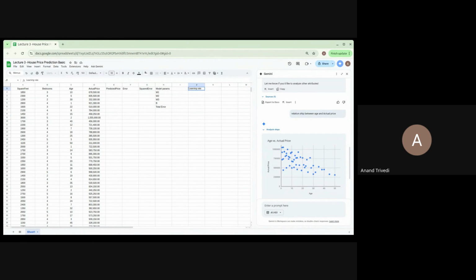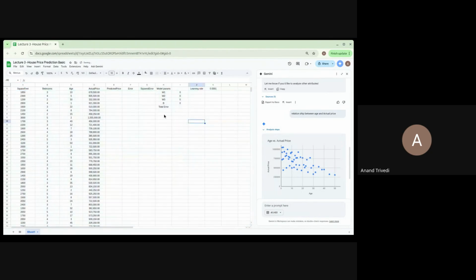I'll start with 0 for the weights, or you can start with any random number, and bias also 0. Learning rate, I'll take something like 0.001, right? I can take any learning rate as of now. Okay, I have this.